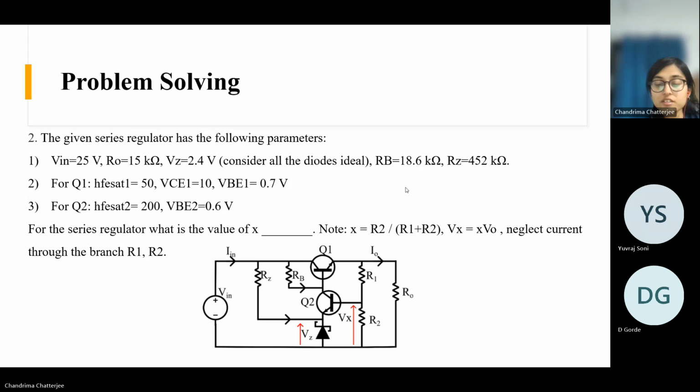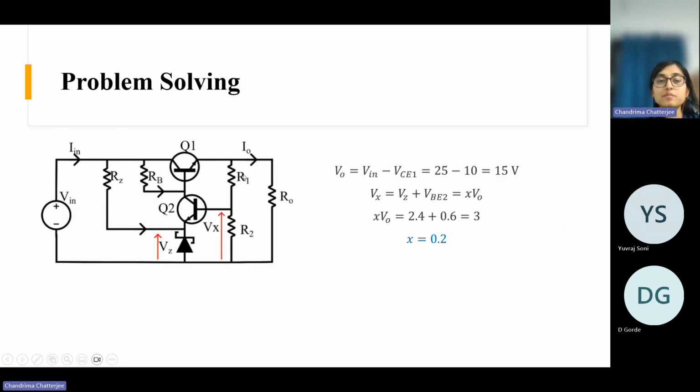Okay. So, see here, a lot of data is given, but actually you don't need this many data. This is a very simple problem.